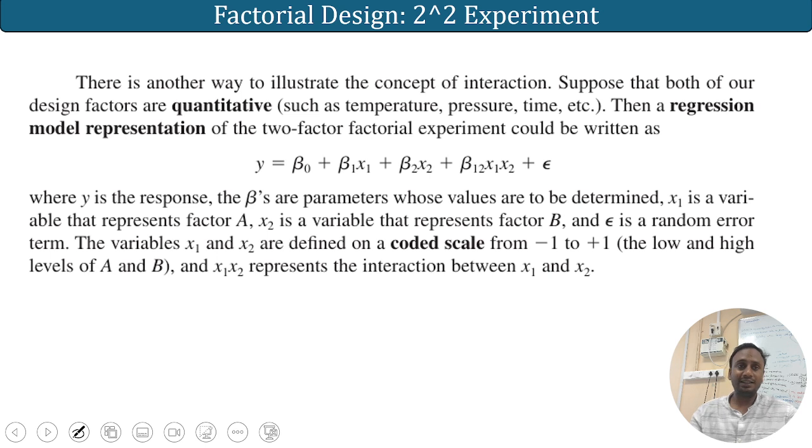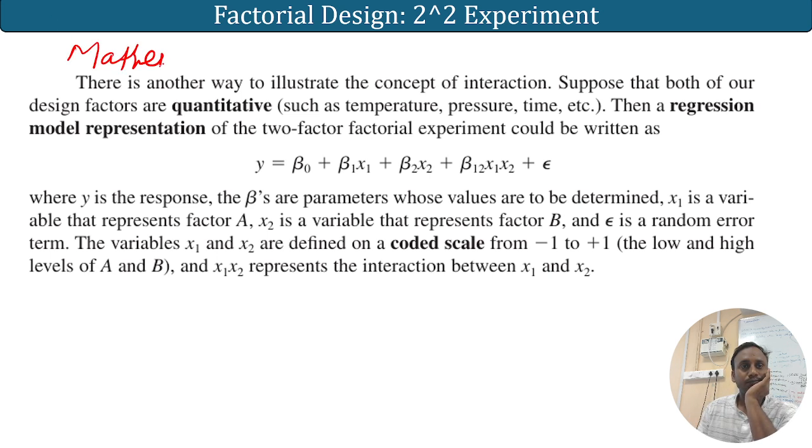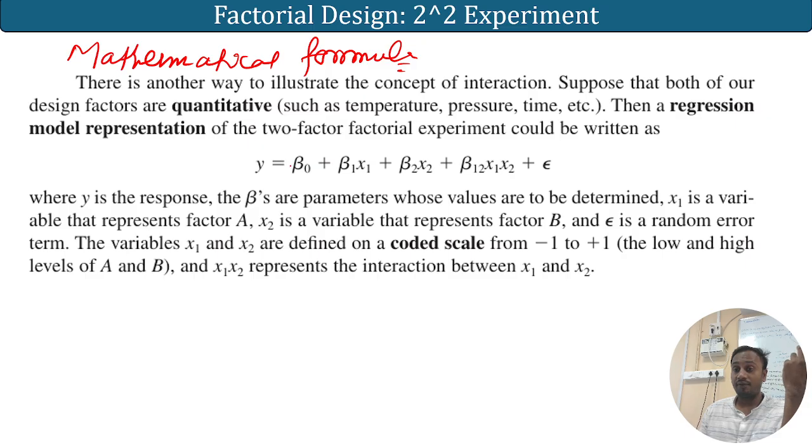So now we'll see the mathematical part. It will become similar to what we took for the two-way ANOVA. Y is equal to beta naught plus beta 1 x1 plus beta 2 x2.